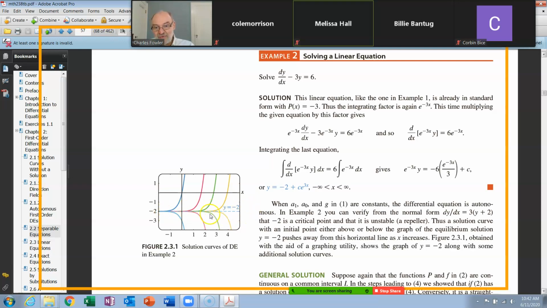Y equal negative 2 would have been your critical value, and then we would have seen what these functions were doing from there, okay?